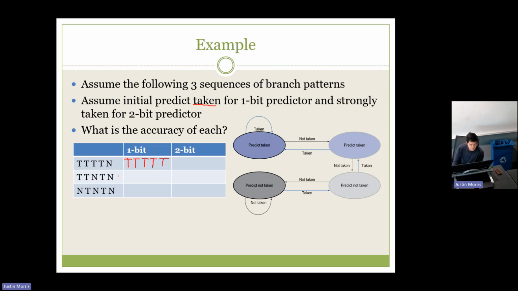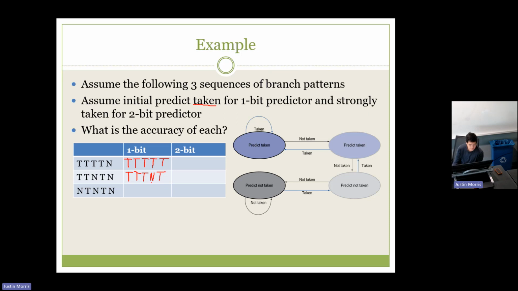So now for this sequence, first prediction as always. Are we right? So taken again. Were we right? Yep. We predict taken. Were we right this time? Not. So then my next prediction is updated to be not taken. Were we right? No. So now my next prediction is taken.